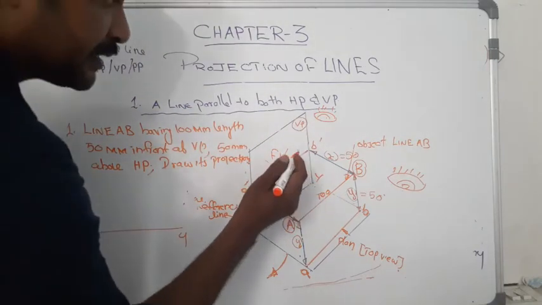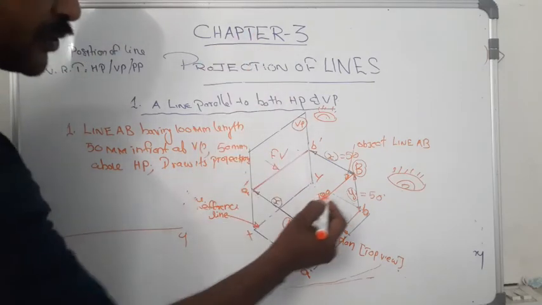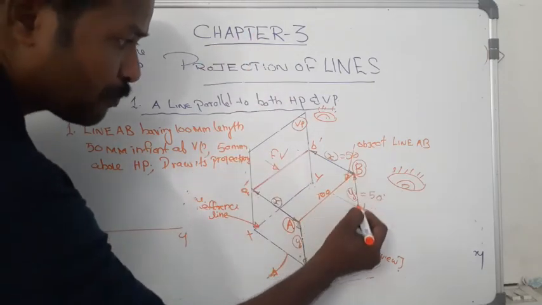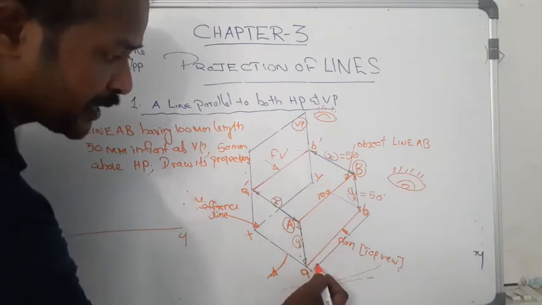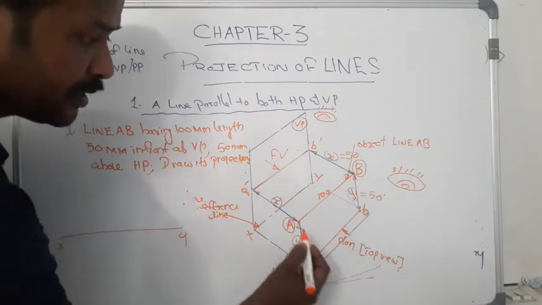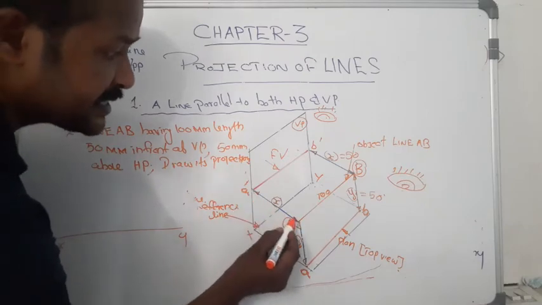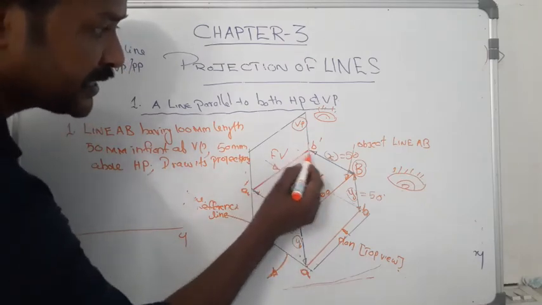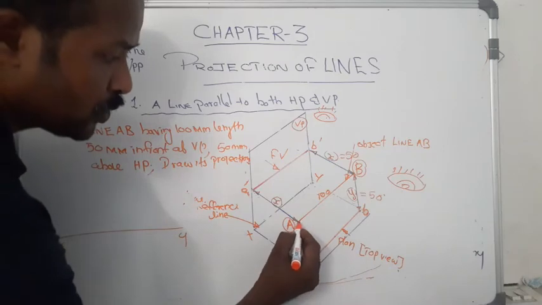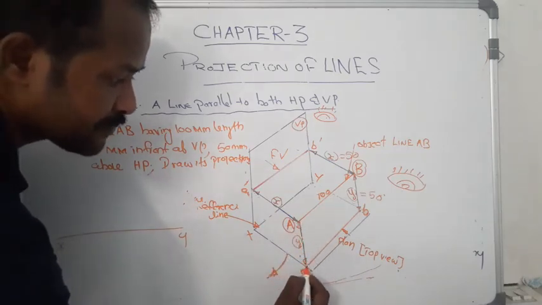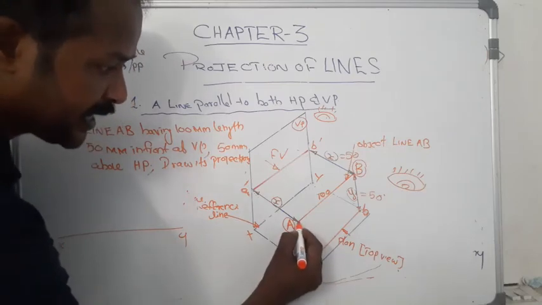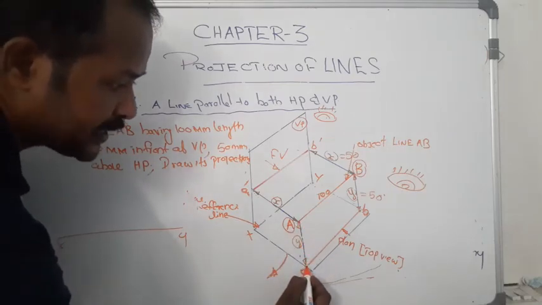After projecting the front view, now we have to project its plan on its corresponding plane. Our corresponding plane is HP. Keeping X distance from the vertical plane, we project A towards the horizontal plane. Then A becomes small letter a.